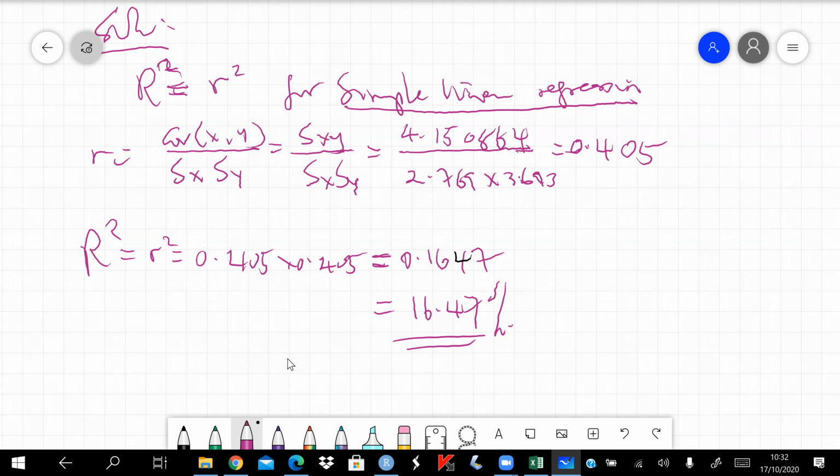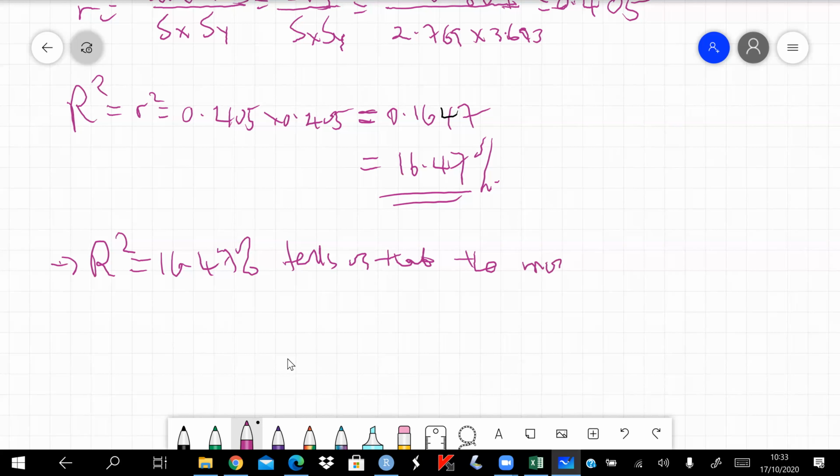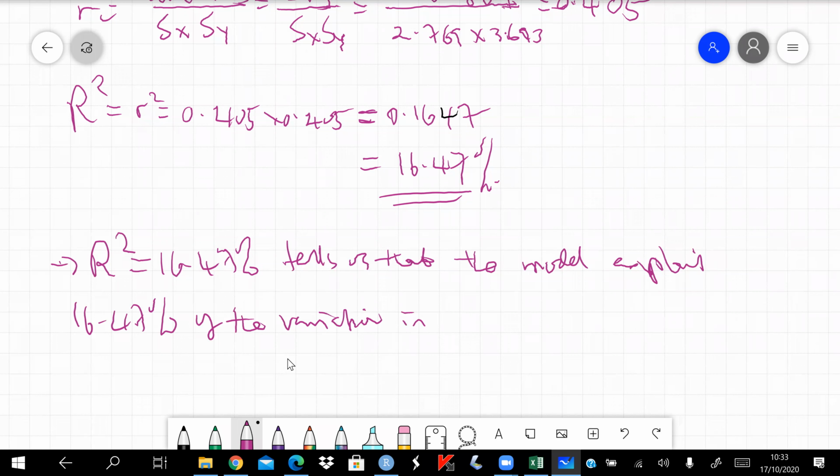So what does that mean? So we say that R squared, which is 16.47%, tells us that the model explains 16.47% of the variation in Y. So 16.47% of the variation in Y is explained by this model.